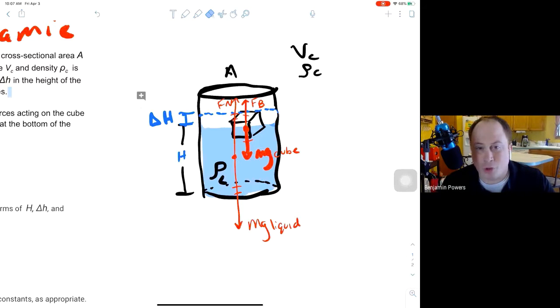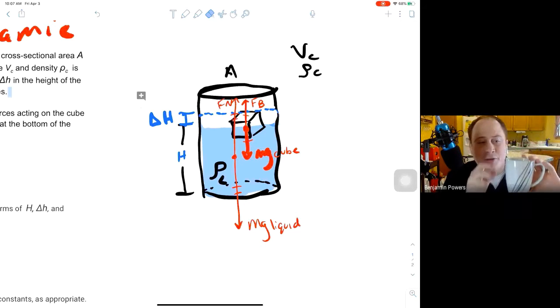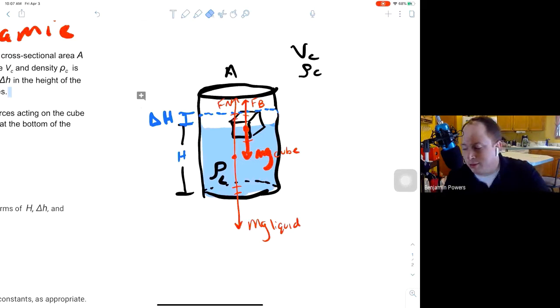There would be a certain normal force from the bottom of the surface pushing up. I'm just going to use my coffee cup here. So there would be an upward push on all the liquid that's inside of that to keep it from leaving the bottom of the container. Well, if you put an ice cube or a cube in there, the liquid is going to push up on the cube with this buoyant force.